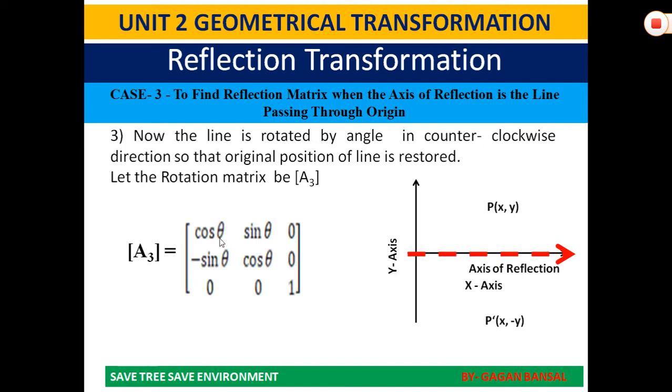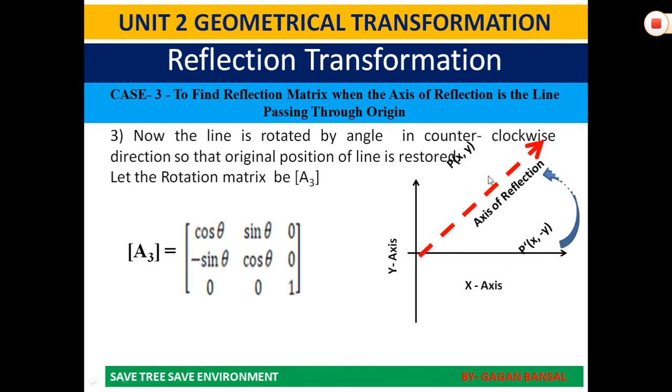So A3 will again be cos theta, sin theta, 0, minus sin theta, cos theta, 0, 0 0 1, where theta is tan inverse m, and this time we take theta as positive. So our point P, the initial point, finally got reflected to P dash by following these 3 steps.